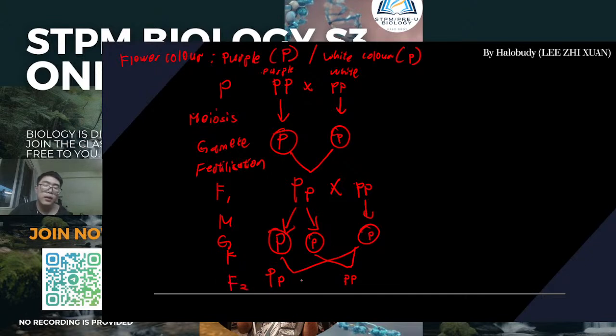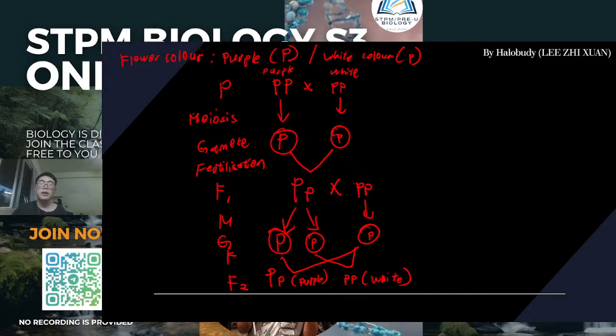The offspring can be purple, and the offspring can also be white. It means that when they made this type of breeding, Mendel found they got two groups: one group with purple flowers and one group with white.